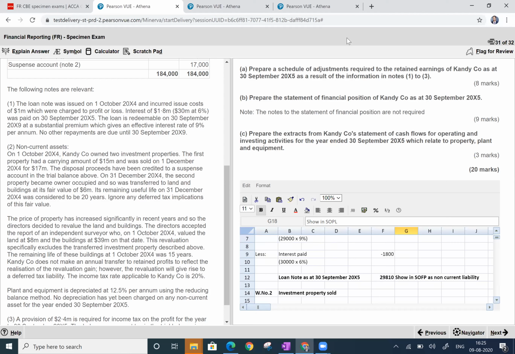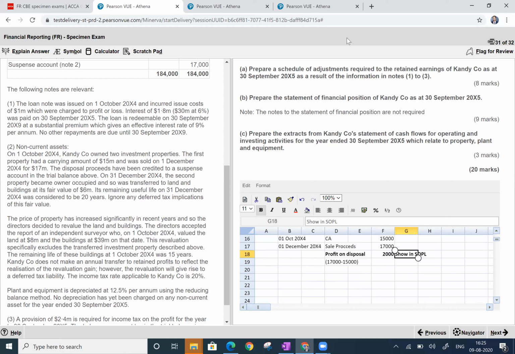The question is: prepare a schedule of adjustments required to retained earnings. They have already recalculated retained earnings. So this is my question: what will you do with this profit on disposal? Will you add it to retained earnings, or will you deduct it from retained earnings?